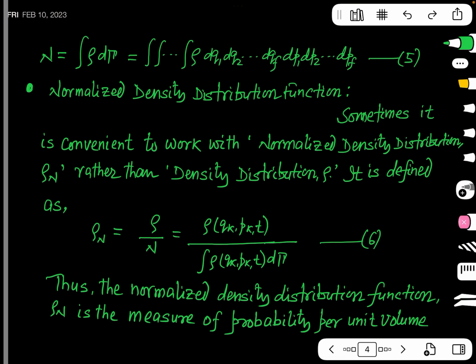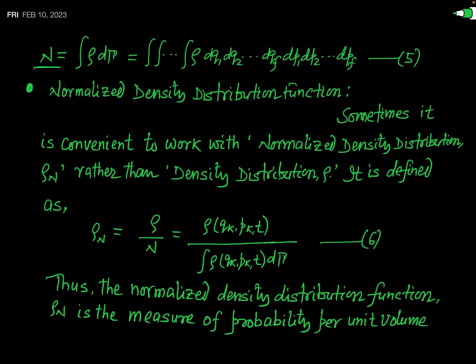Okay, so if you consider that n is the total number of phase points in the phase space, then that n will be simply equal to the integral of rho d gamma. Here this integral is for all space, or you can say all phase space.